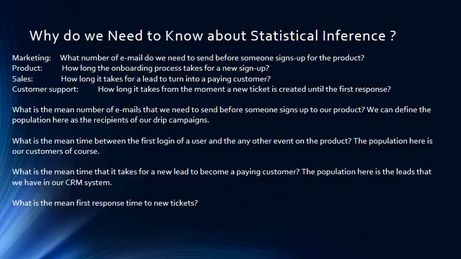Now, when we do this, the population here is the customers, of course, because that's what we're dealing with. You could ask a question like, what is the mean time that it takes for a new lead to become a paying customer? The population here would be the leads that we have in our CRM system.